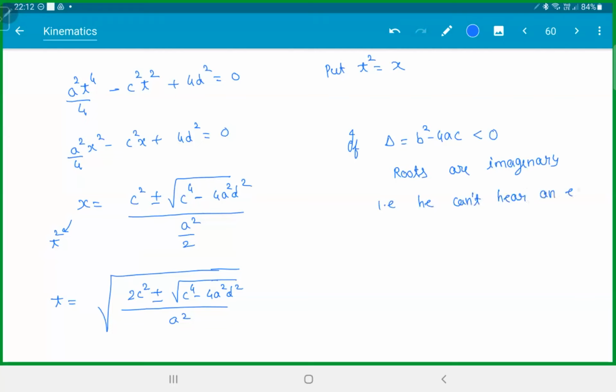That would be a good question. So that means c power 4 minus 4a square d square should be less than 0. Then you get c should be less than root 2 ad. If the speed of sound is less than root 2 ad, you will never hear an echo. Check.